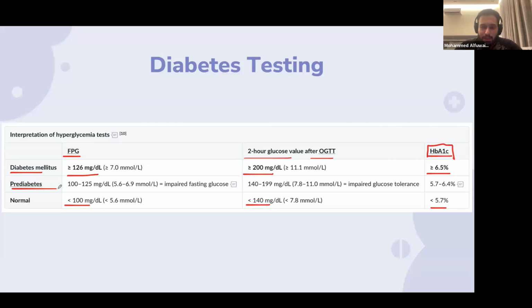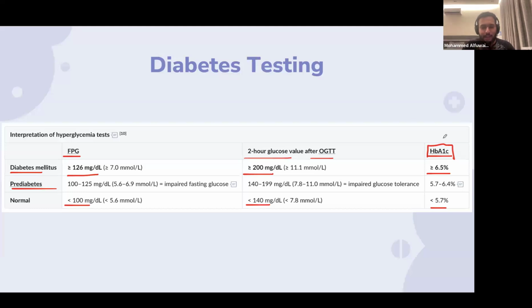Now, for these patients, if you want to monitor their diabetes, which one of these 3 tests will you do? A1C. A1C will give you basically an outline of their past 3 months, okay? Because some people might say, okay, I have an appointment in a week, I'm going to start taking all my medications, start exercising, try to reduce it.